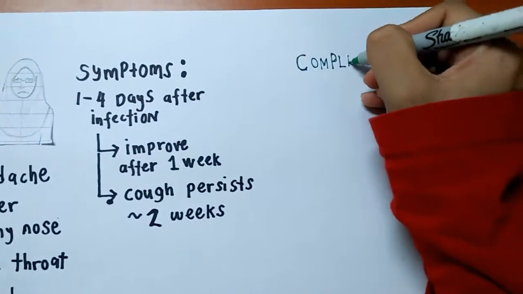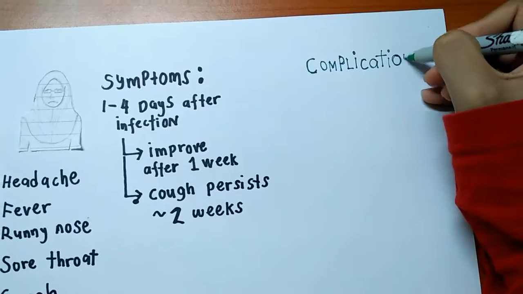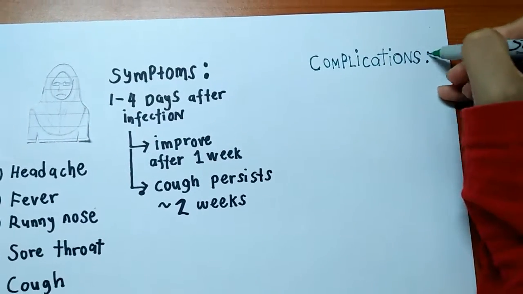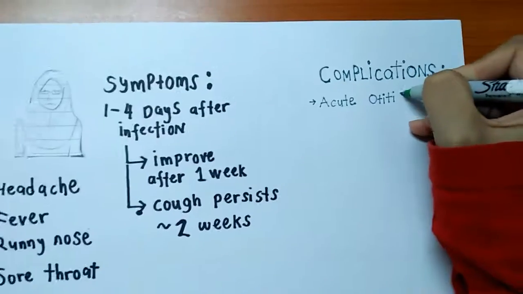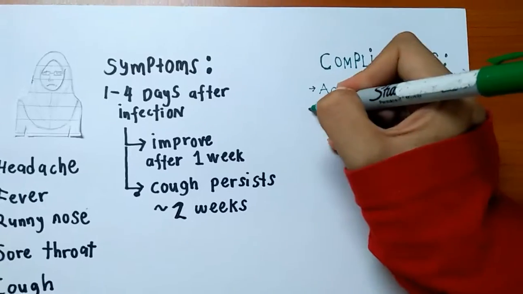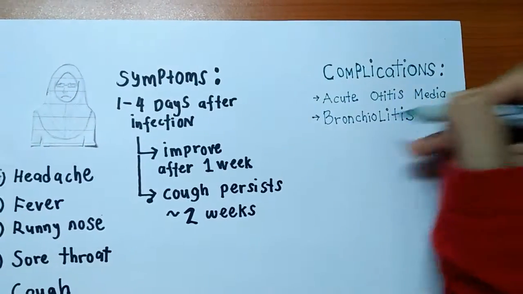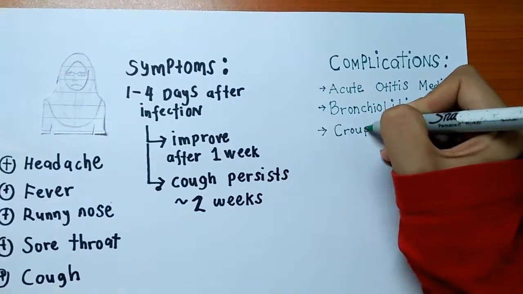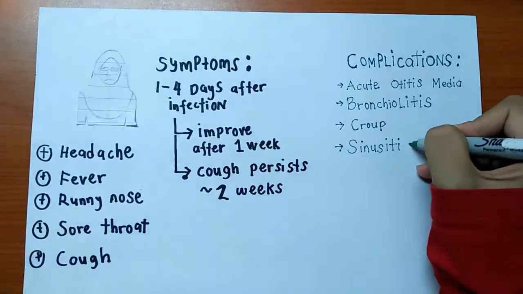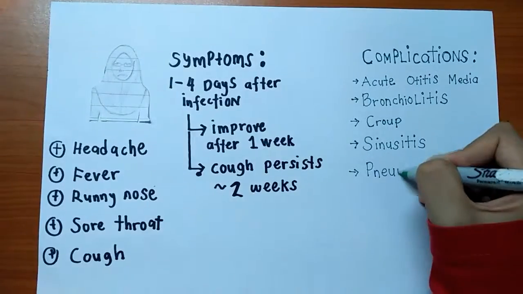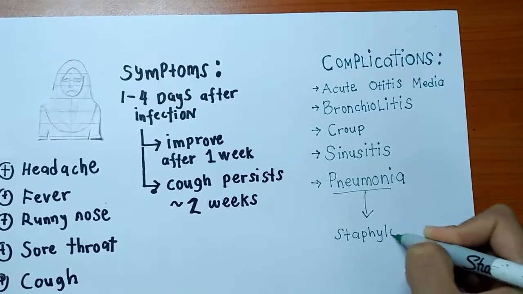There are sometimes complications like acute otitis media, bronchiolitis, croup, sinusitis, and pneumonia. Pneumonia, including antibiotic-resistant strains, is caused by Staphylococcus aureus and Streptococcus pneumoniae.